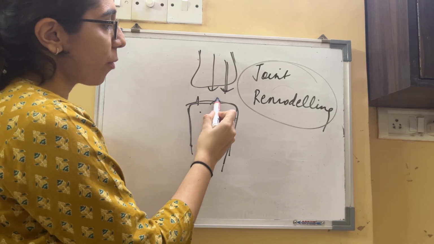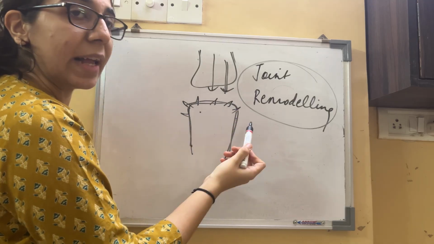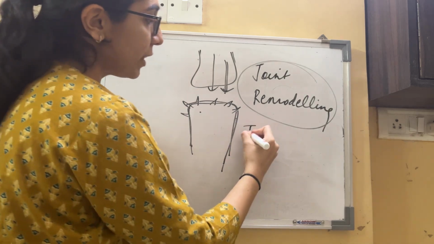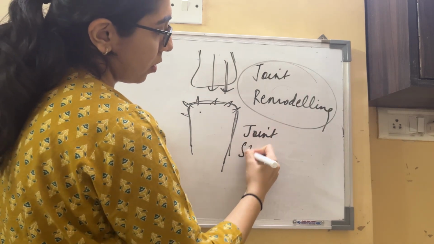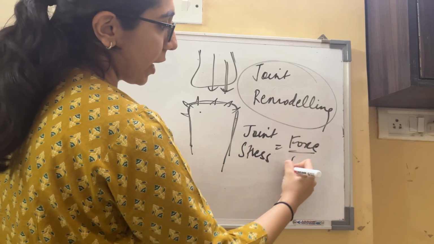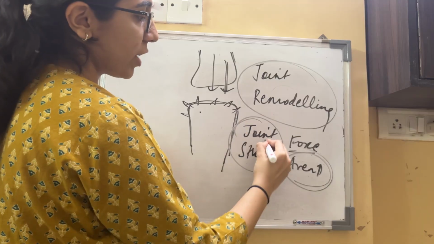First is formation of osteophytes. Now how does this help? Osteophytes increase the surface area, and by the formula, joint stress is equal to force upon area. As area increases, the joint stress decreases.